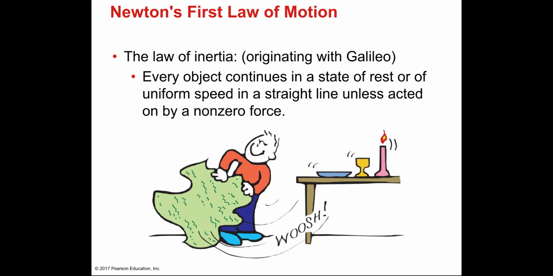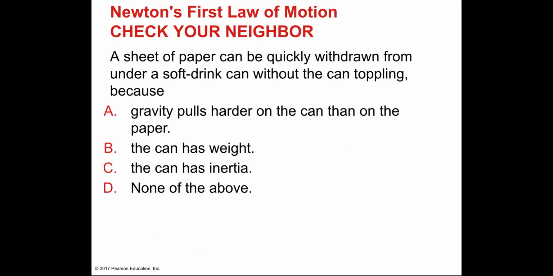Remember, equilibrium means that the object is either moving at constant speed or at rest. So if there's no net force acting on an object, that object will want to remain in the state where it is.